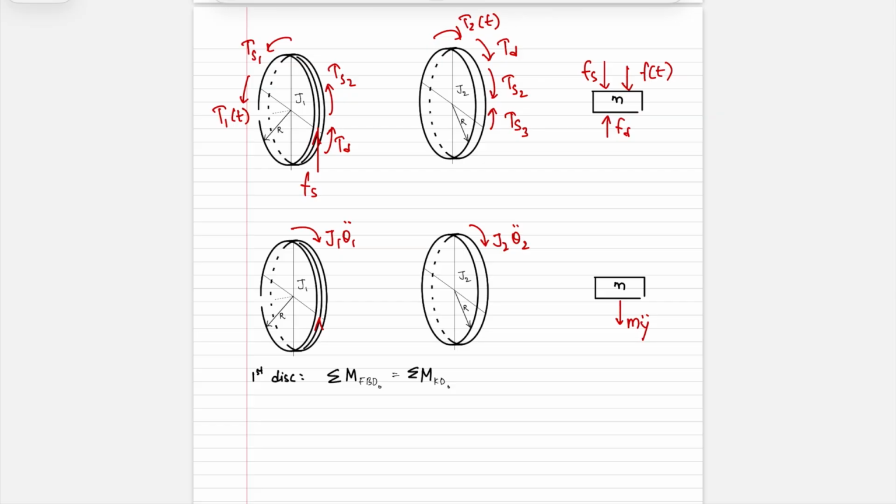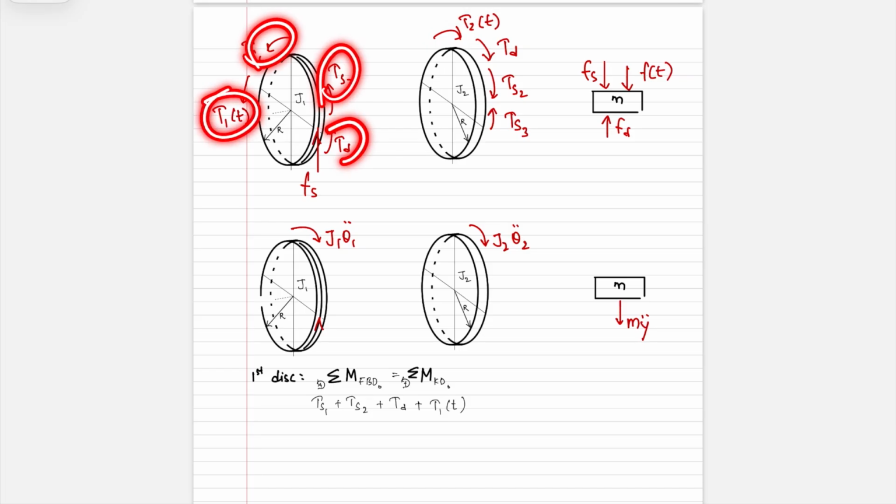So in this case, let's say we do it in this direction as positive. You now get tau S1 plus tau S2 plus tau D plus tau 1 of t. So I picked all of the moments.